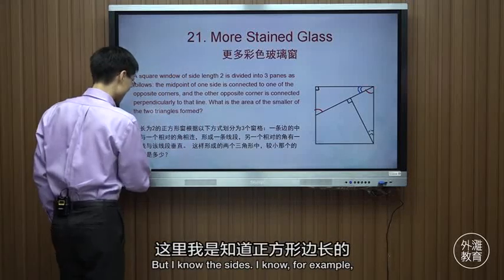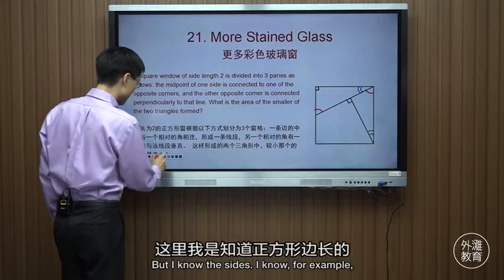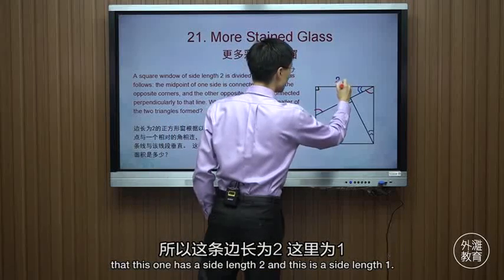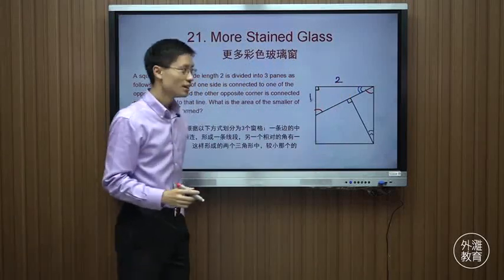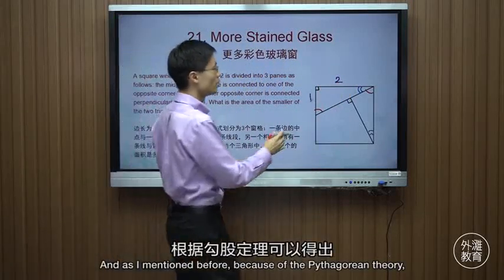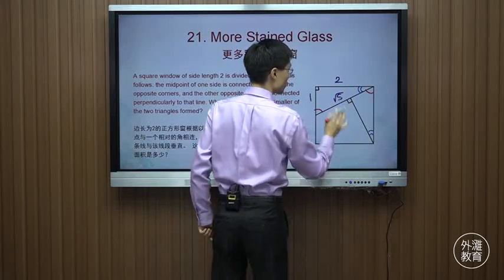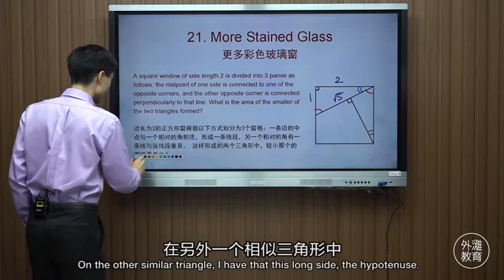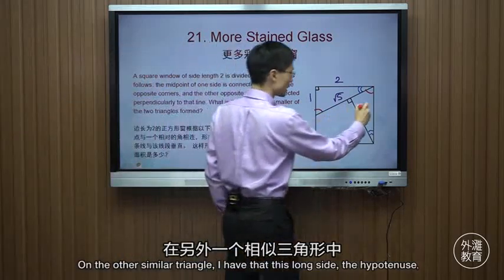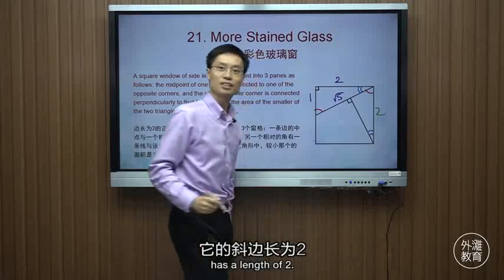But I know the sides. I know, for example, that this one has a side length 2 and this has a side length 1. And as I mentioned before, because of the Pythagorean theorem, this long side is the square root of 5. On the other similar triangle, I have that this long side, the hypotenuse, has a length of 2.